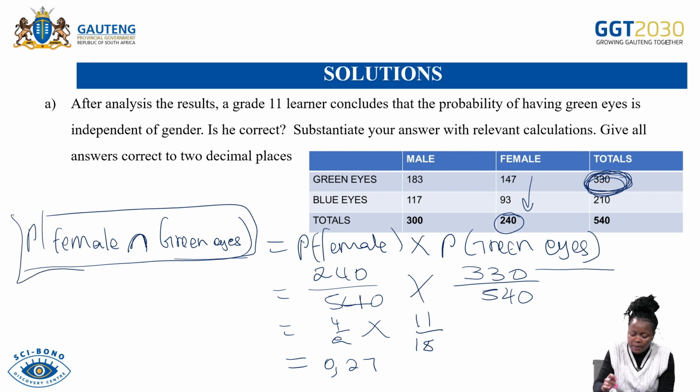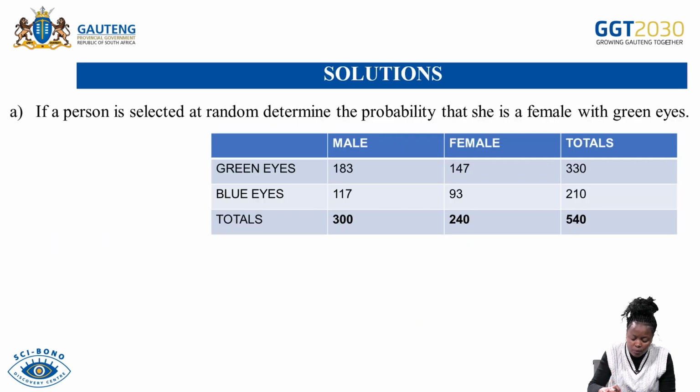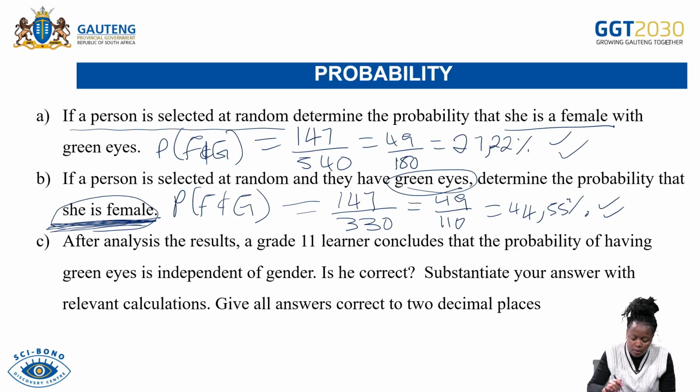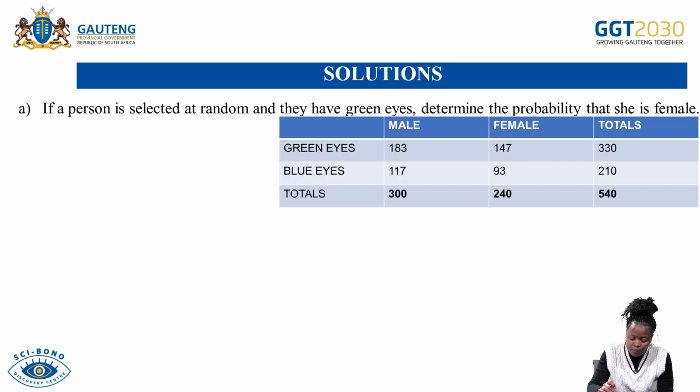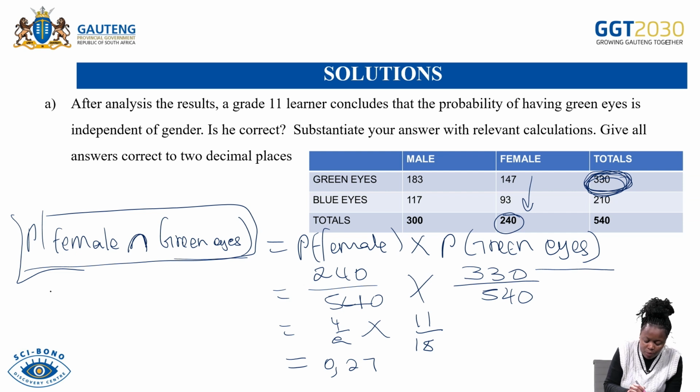Just by looking at the first example there, what is the probability of getting a female with green eyes? We had said it was going to be 147 over 540, right?